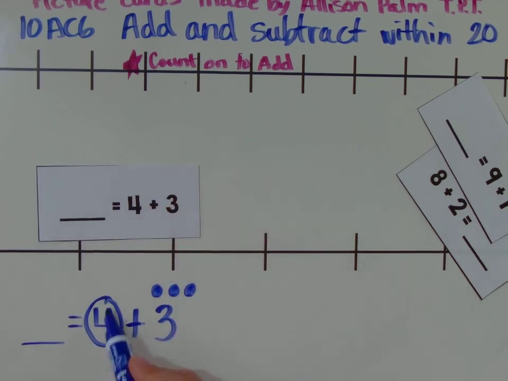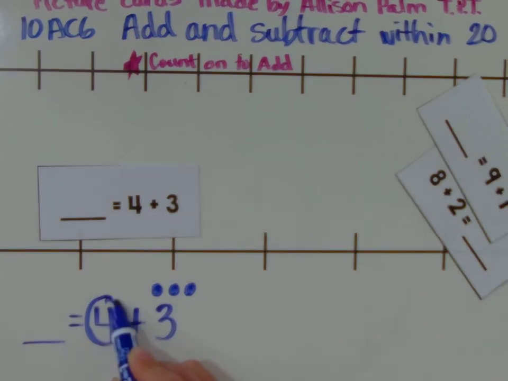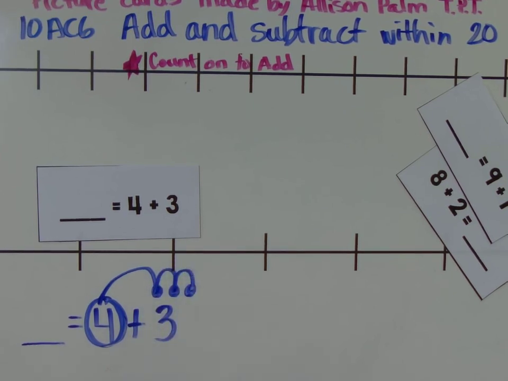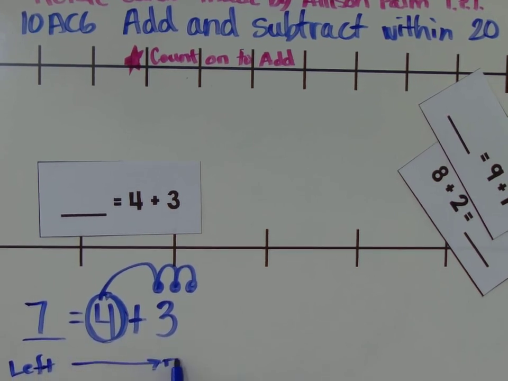Let's count on 4, 5, 6, 7. 4 plus 3 equals 7. Now let's read from left to right. Start on the left. Ready? 7 equals 4 plus 3.